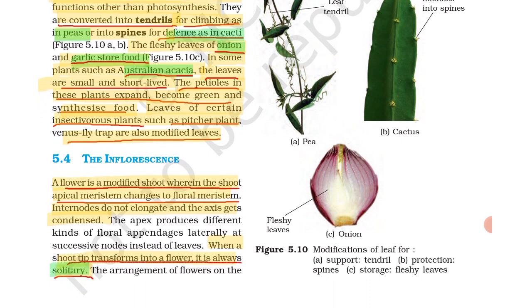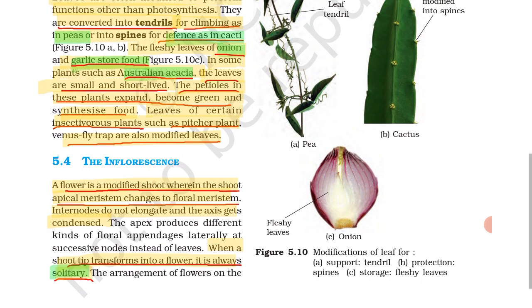Leaves of certain insectivorous plants such as pitcher plant and Venus flytrap are also modified leaves. So some insectivorous plants like pitcher plant and Venus flytrap show modification in their leaves.